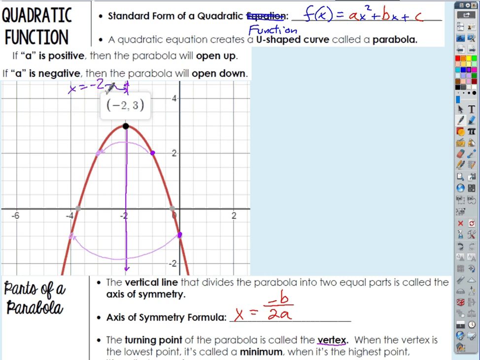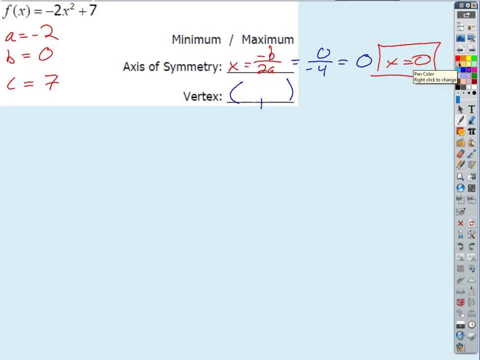Because that's the x-coordinate of every point on that line, including the vertex. They all have an x-coordinate of negative 2, so that's how we name the line, okay? So here we're going to get, for sure, x equals 0, right? That's the x-coordinate of the vertex.